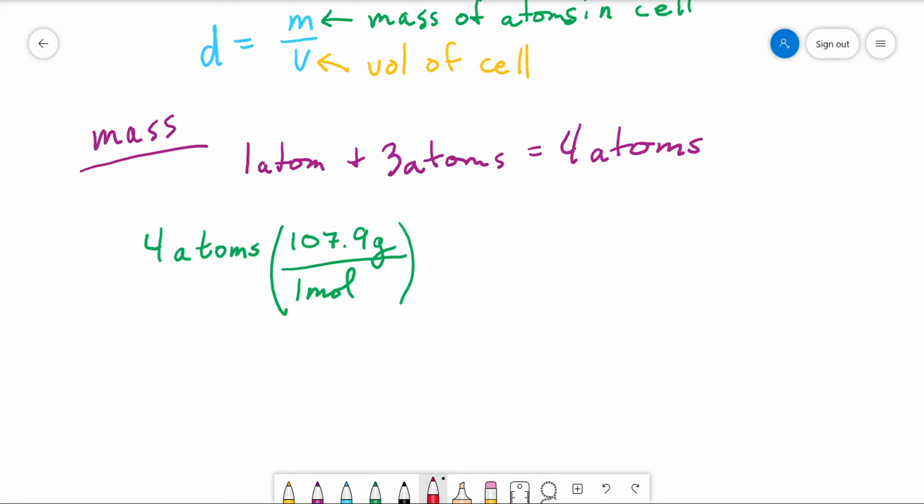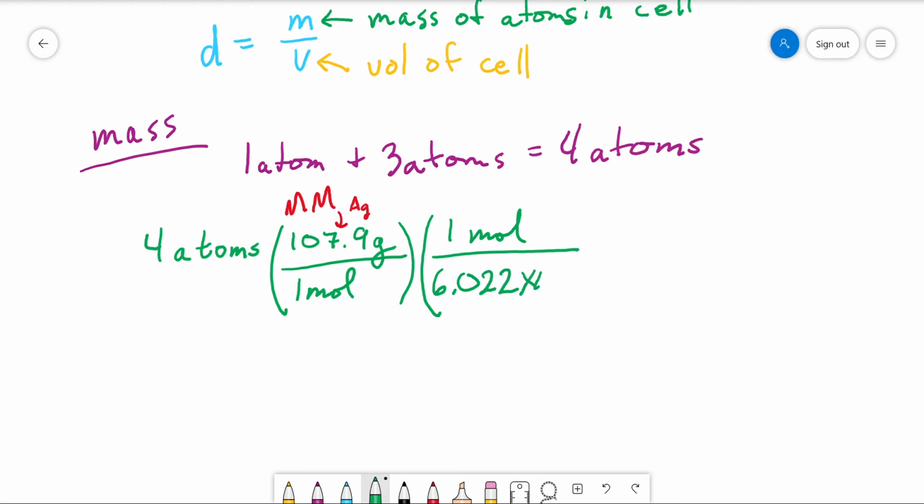That's just the molar mass of silver, straight from the periodic table. And we also know that 1 mole contains 6.022 times 10 to the 23rd atoms.